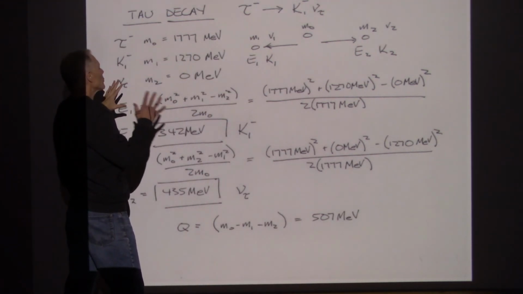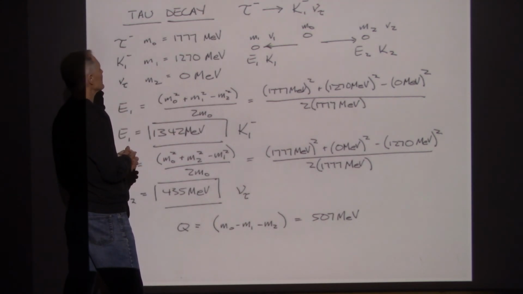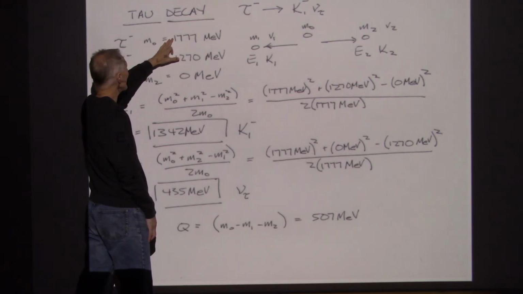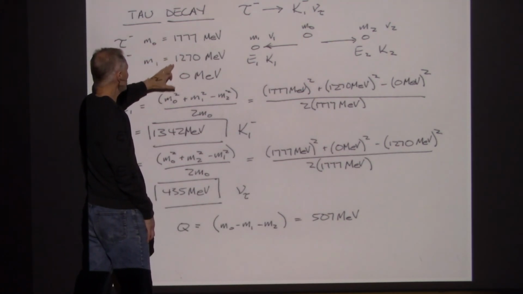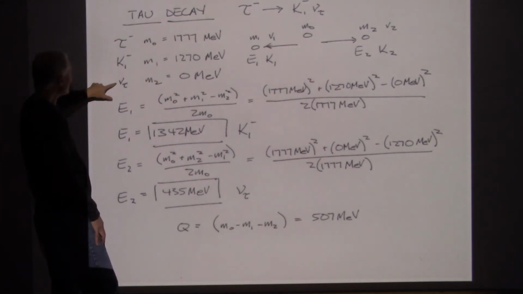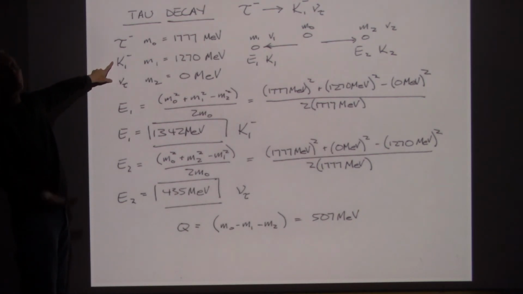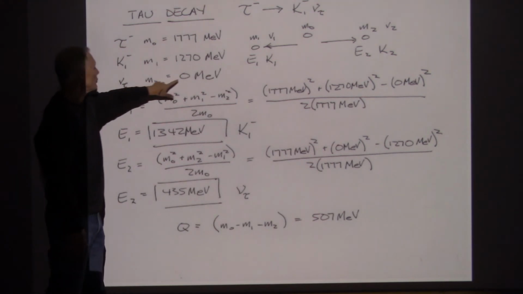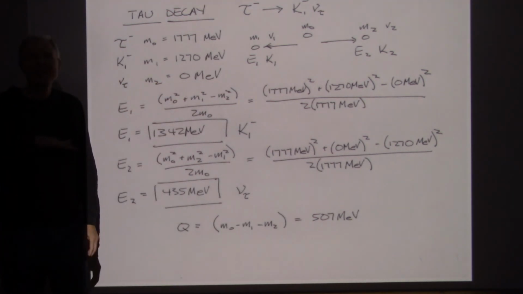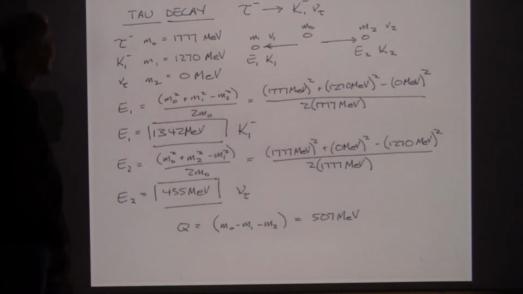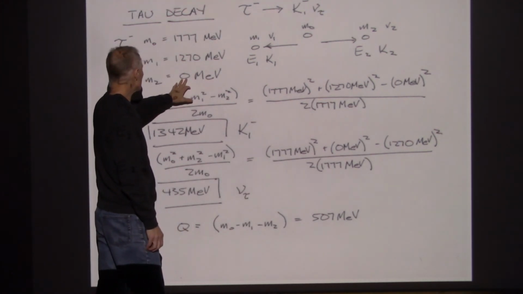All we're really interested in for purposes of this example is that I need to know the starting mass and the masses of the two particles coming out. One of the particles coming out is called the K1, and the other is a neutrino, and the neutrinos, to a good approximation, have no mass. So one of these is just going to be flat out 0.